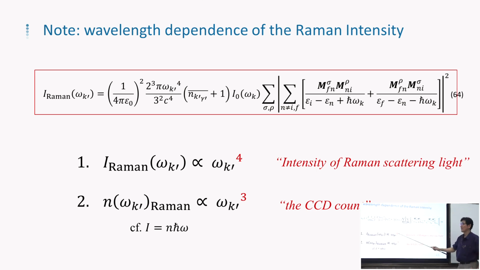Intensity has fourth power dependence, but considering this relationship, the number of photons in the Raman scattering becomes cubic dependence. Intensity and number of photons are different, so please consider this relationship.